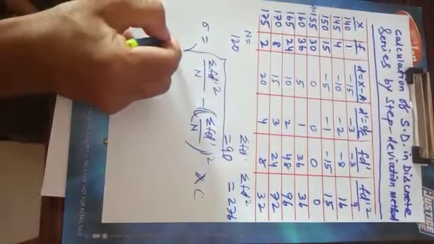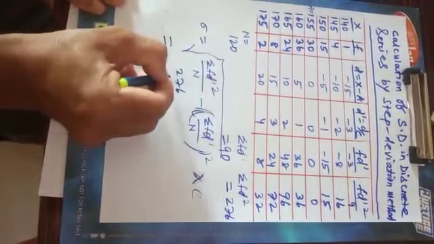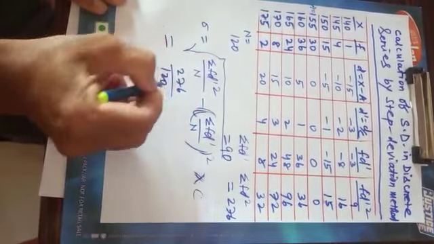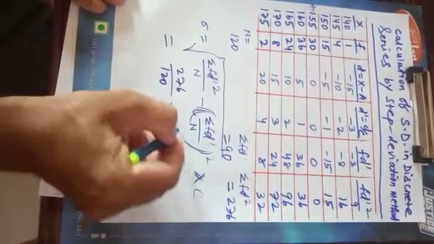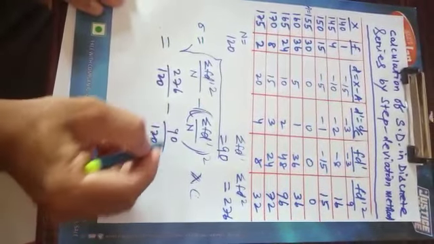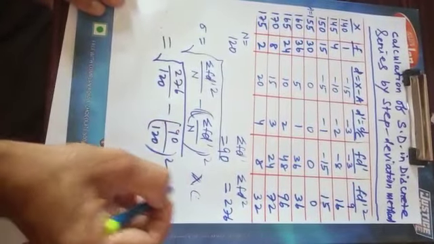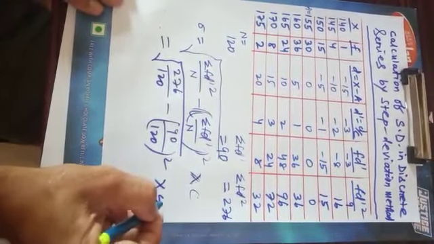So now put the values. Summation fd dash square 276, number of observations 120, minus summation fd dash 90 divided by 120, then square, root, into common factor. Common factor we have taken 5.